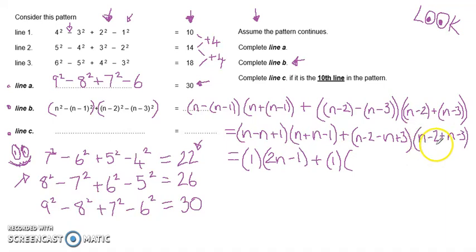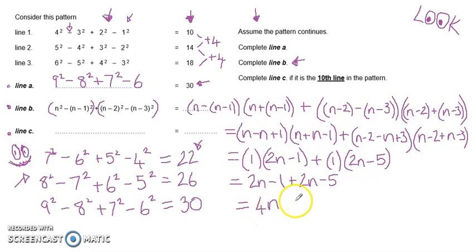And then we've got n plus n, so that's 2n, and minus 2 minus 3, that's going to be minus 5. We can multiply those brackets out, so we have 2n minus 1 plus 2n minus 5, which gives us 4n minus 6. So that is what that is equal to.